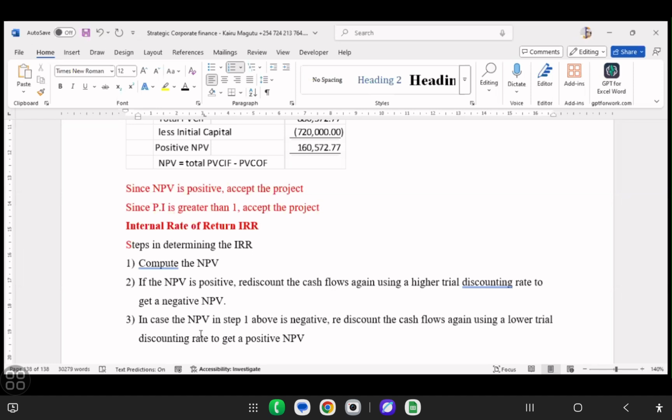So we are guided by the first NPV. Compute the NPV. If the NPV is positive, use a higher trial discounting rate to get a negative NPV. But in case the NPV was negative, you are supposed to rediscount the cash flows again using a lower trial discounting rate.